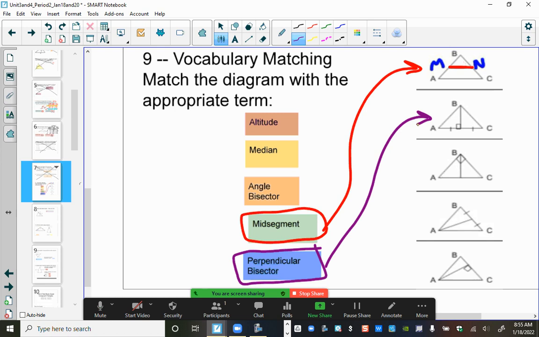The reason why this one right here is the perpendicular bisector is because it forms that right angle. That's the difference between this one and this next one. This next one may not necessarily form the right angle. Because with the angle bisector, the better diagram would have been something that looked more like this.